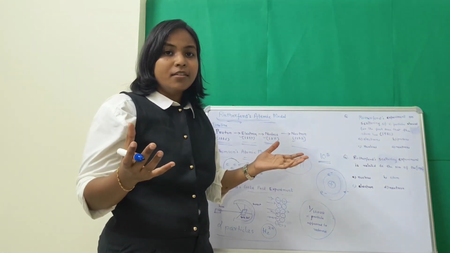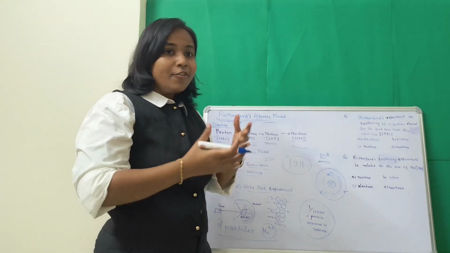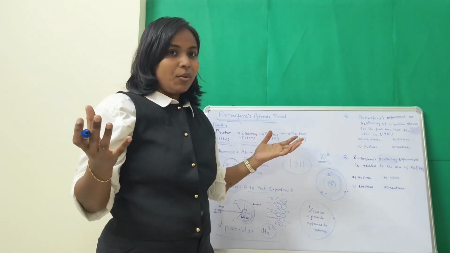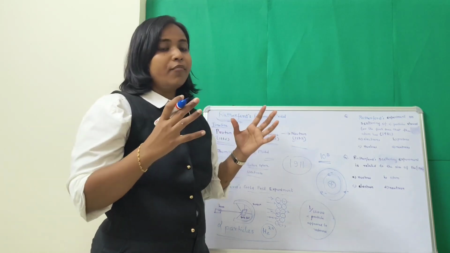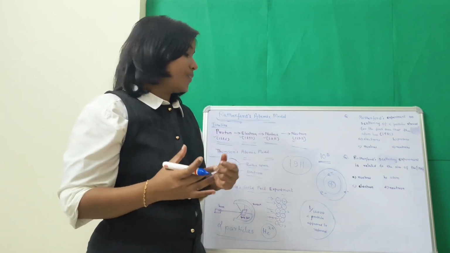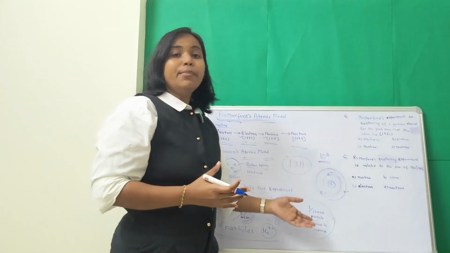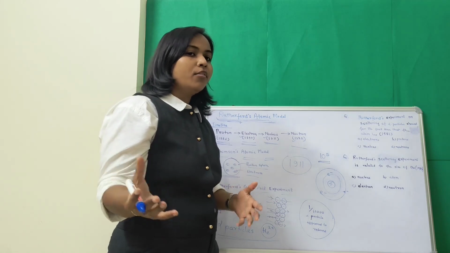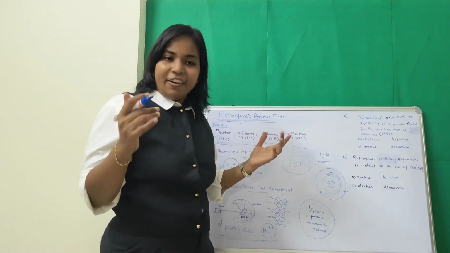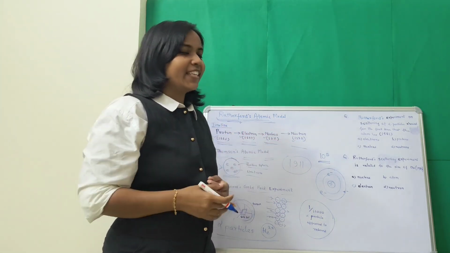It means the entire universe would not exist, because all the electrons would fall on the nucleus and no atom would exist as we know it. So he could not explain the stability of the atom, and hence we moved to the next atomic model, Bohr's atomic model, which we will learn about in our next class.